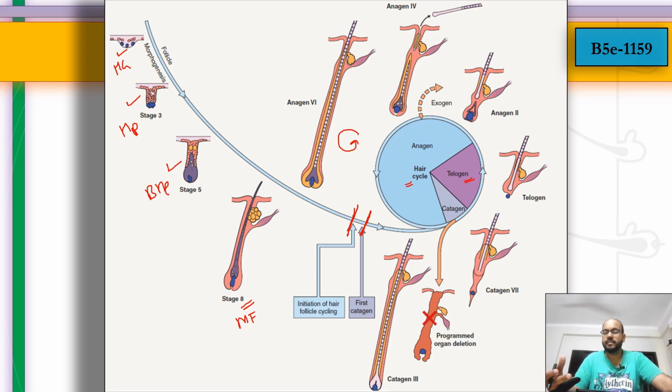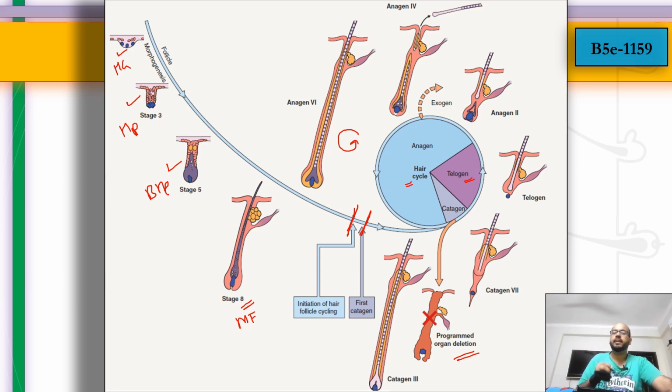In the catagen phase, there is programmed organ deletion. The cells will undergo depletion gradually so that the hair can then enter telogen phase. So remember, a cycle is a continuous process. We have divided it into phases for better understanding, but there is no clear-cut marker where we can say that the anagen phase has stopped and the telogen phase or the catagen phase has started.